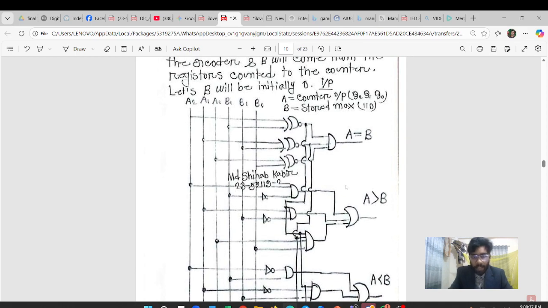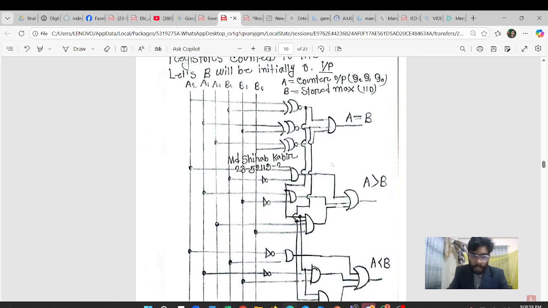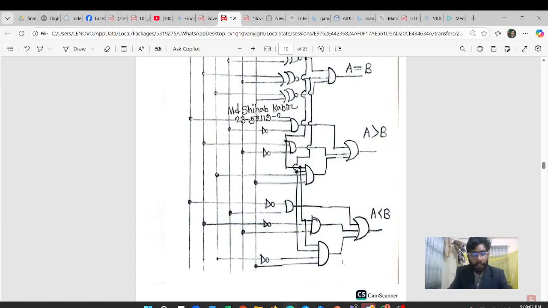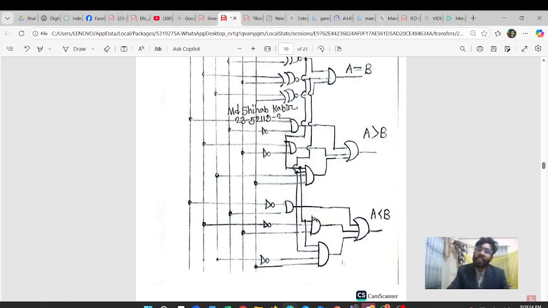First of all, A equals B. If A equals B, the count reaches 6 and the equal-to output goes high. This triggers the full indicator and stops any more cars from entering. That means the monostable circuit activates and closes the gate. And A less than B: if the count is less than 6, the less-than output is high. That means the astable circuit is activated and the 7-segment display shows space available with blinking.